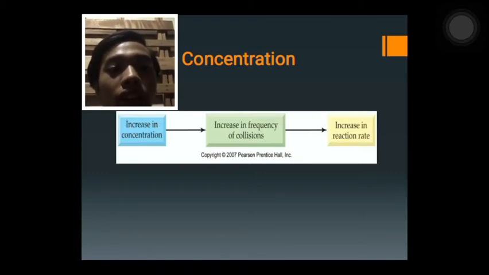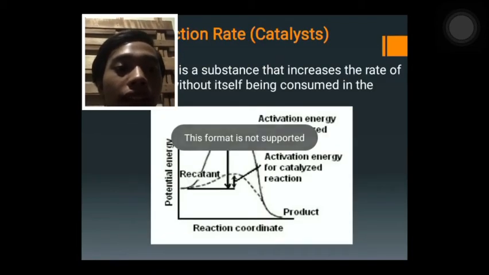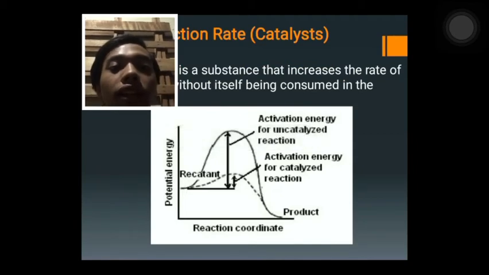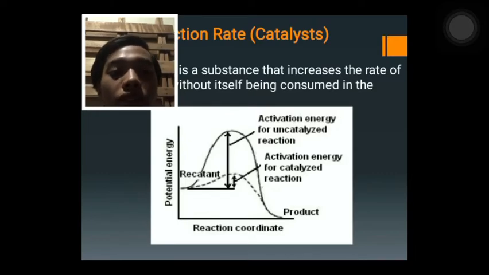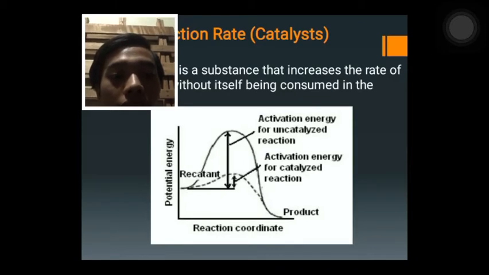So the next is reaction rate with a catalyst. A catalyst is a substance that increases the rate of a reaction without itself being consumed in the reaction. On the graph is potential energy by reaction coordinate. If the reactant has no catalyst, the graph is like this.